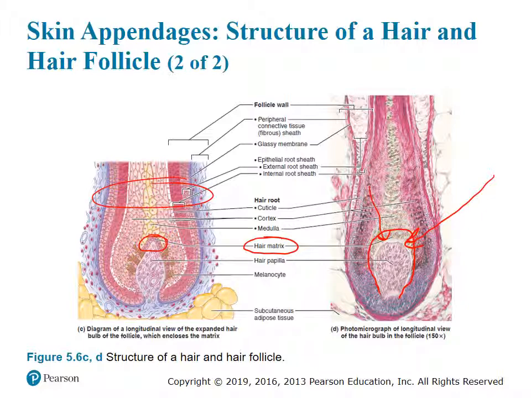But if you leave one or two behind, eventually the hair will grow and make more hair matrix and then make more hair. Or if you kill enough of them, it'll take a really long time before the hair comes out. That's why it takes sometimes weeks or months before you see a hair again. But if you can successfully kill all of these cells, then the hair won't grow back. Yeah, sure.